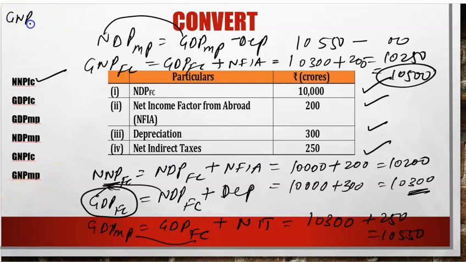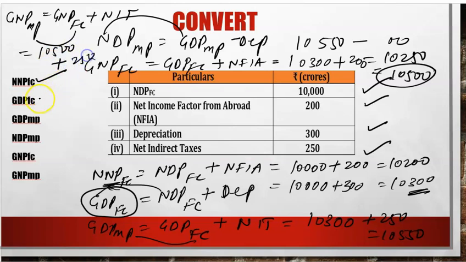Very easy. GNPMP nikalna hai and we have GNPFC with us. Only FC to MP, that is plus NIT. So 10,500 plus NIT, that is 250, comes to 10,750. This is how you convert net to gross, domestic to national, and market price to factor cost.